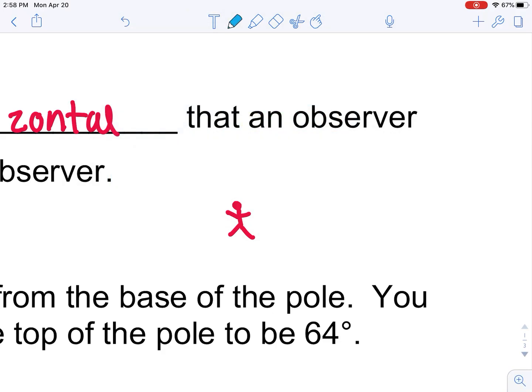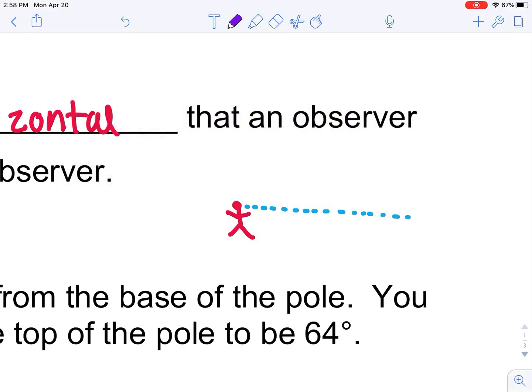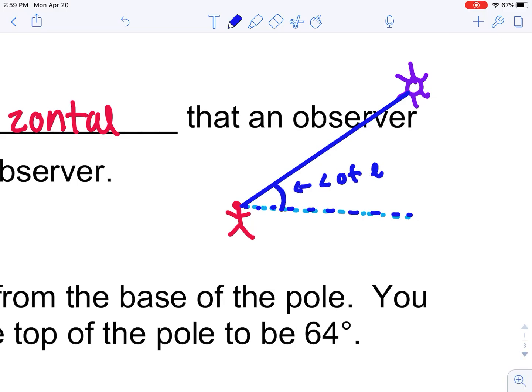This is the person's line of sight, so this is the horizontal. And they're looking at an object. That should have been a straight line across, but we'll go with it. Say they're looking at the sun up here. So their angle of elevation would be this angle right here, from the horizontal, the dotted line, up to the thing that they're looking at. So this is the angle of elevation.